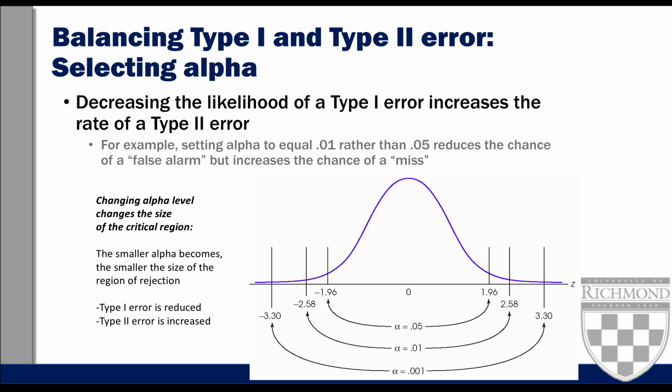And if you go to 0.001, you have to have a z that is plus or minus 3.30. And as those cut points move further into the tails, it's less likely you're going to reject the null hypothesis. So your type 1 error rate goes down, but your type 2 error rate goes up.